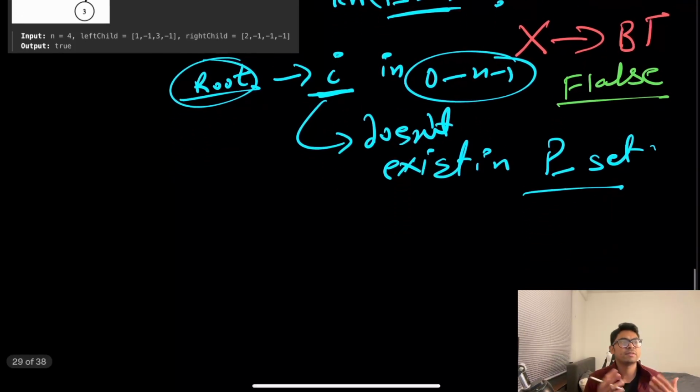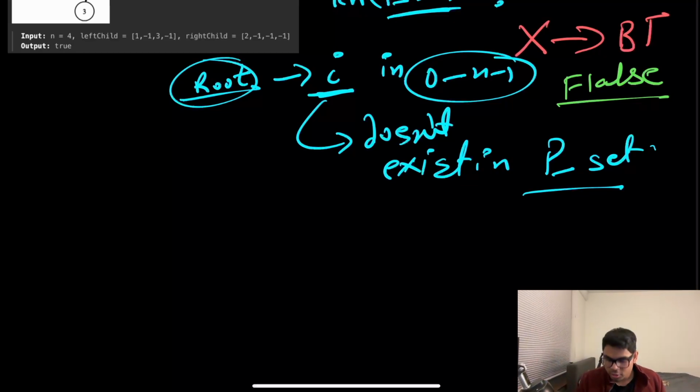Now we have to traverse that, right? And once we are done traversing, if we did not find any cycle, we visited all the nodes just once, and my visited set is equal to the number of nodes, which is n, then I can simply return true.